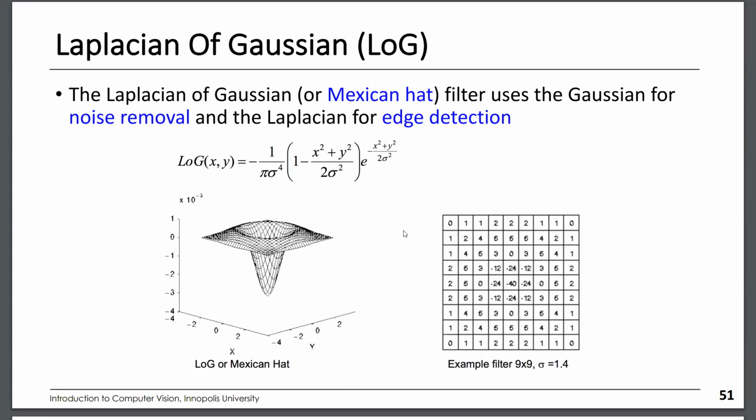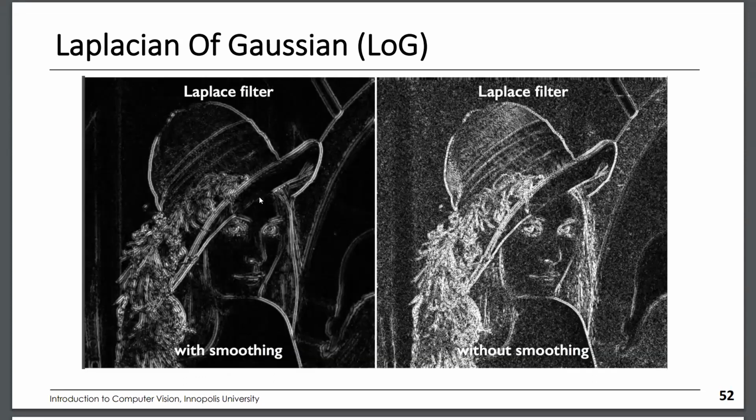So this is what the Mexican hat or the Laplacian of Gaussian filter does, and this is what it looks like. This is the result of the Laplace filter with smoothing, and this is without smoothing, right?